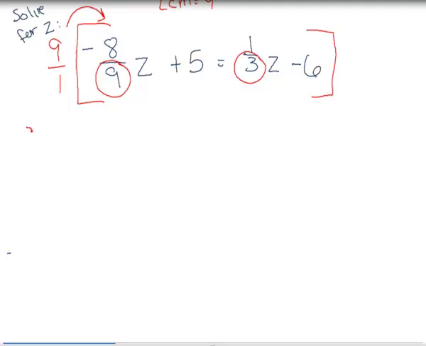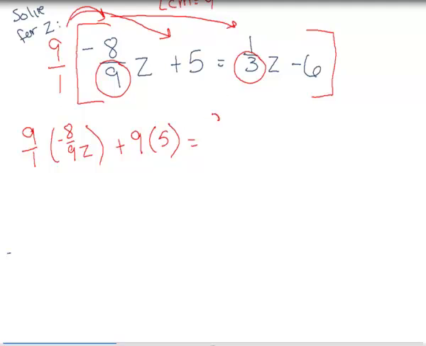Okay, so I have 9 over 1 times the first term is -8/9 z. Okay, then I'm going to do 9 over 1 times 5. I don't really need 9 over 1, so I'm just going to use 9 times 5. Then again, distributing still, 9 over 1 times 1/3 z.